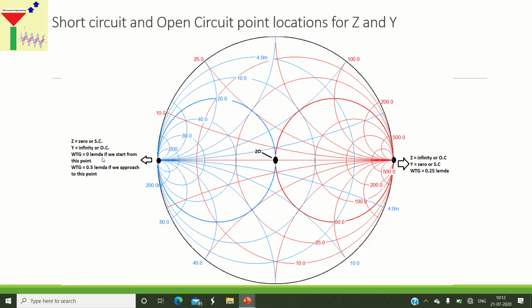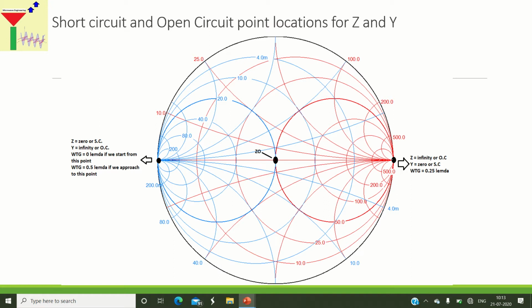On the other hand, if we are approaching this point from the downside like this, at that time we need to consider the wavelength towards generator value of the same point to be 0.5 lambda and not 0 lambda. These are the sign conventions we need to follow in order to locate the appropriate short circuit point and open circuit point for either the given impedance or admittance.